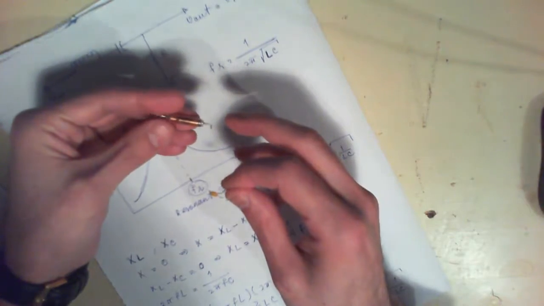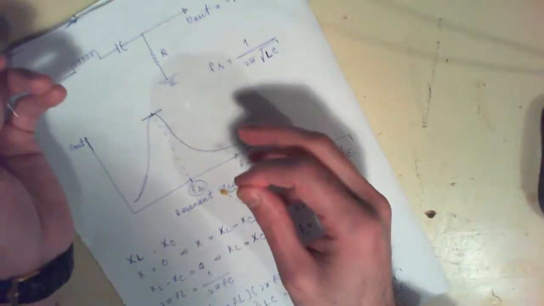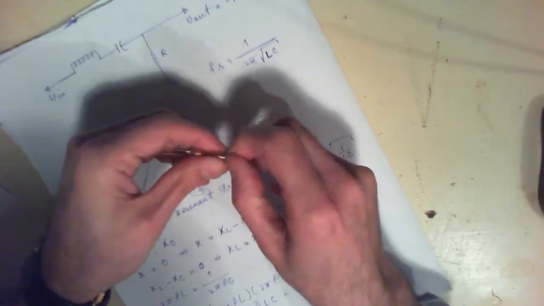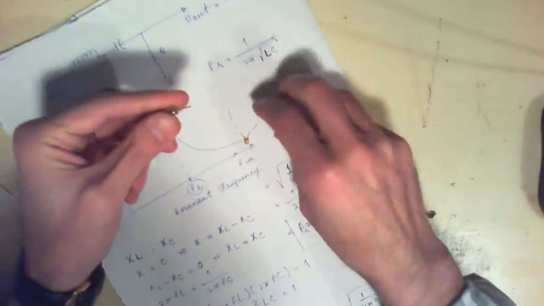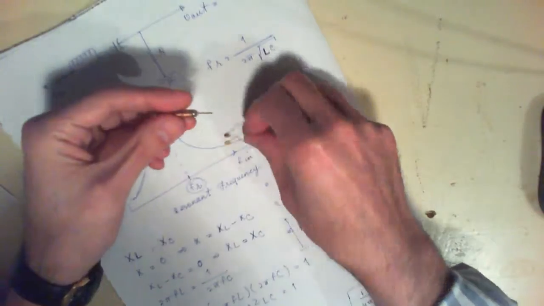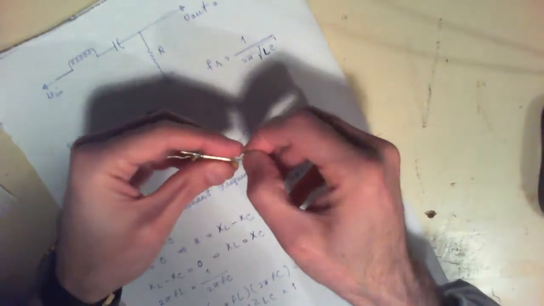So let's put the capacitor first. It doesn't really matter right now which one is first, which one is last, because I'd have to unsolder this thing from here, which is not that important right now.